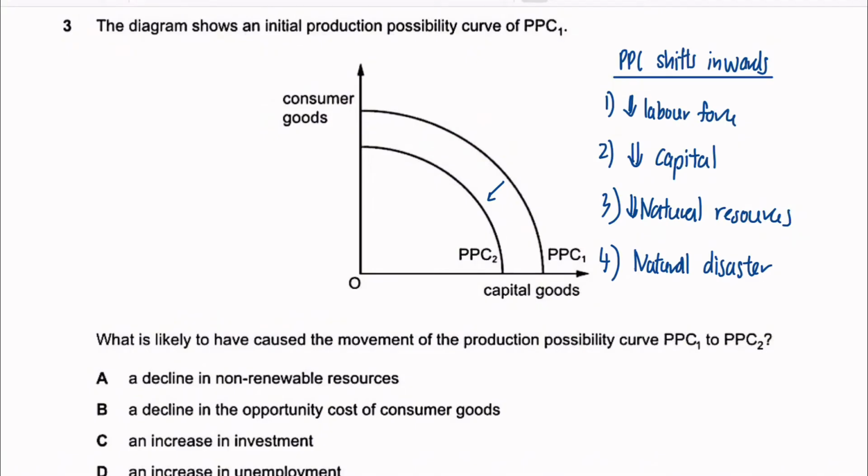So let's see which option fits into our 4 main reasons. First one, decline in non-renewable resources. Yes, it fits the number 3 situation, so this one is correct, and the other ones are not that relevant. So A is the answer.